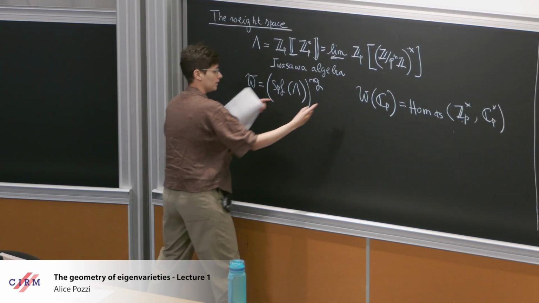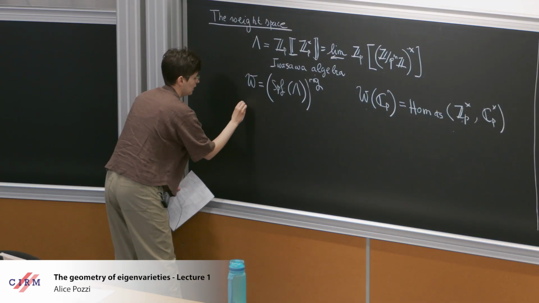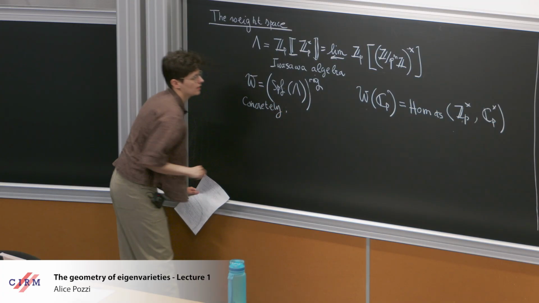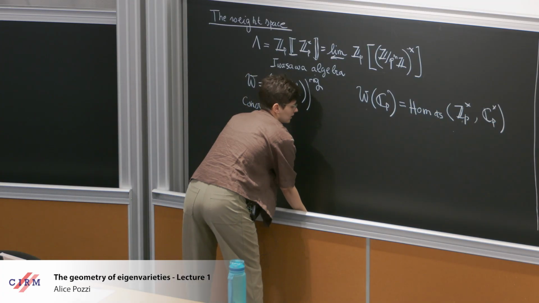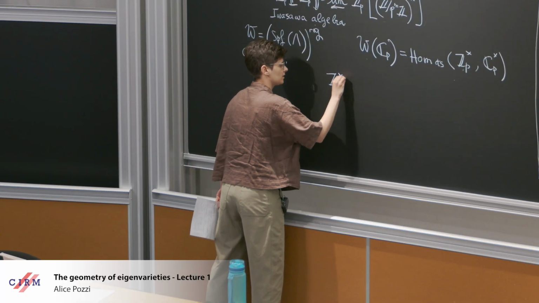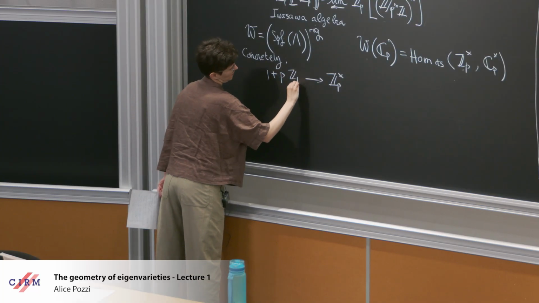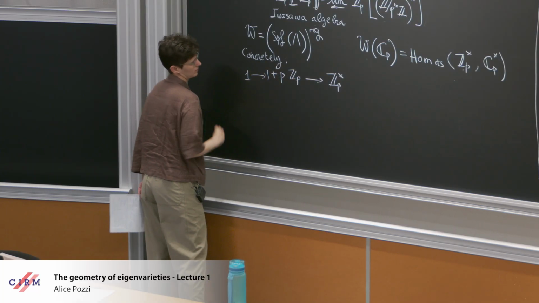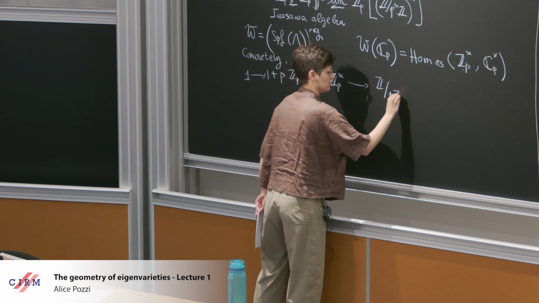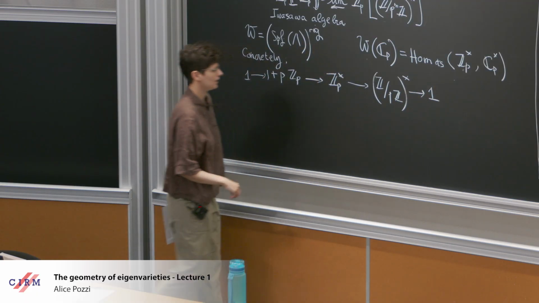So how do we view this concretely? Well, if I look at Zp star, it's not too complicated a group, so I can consider the principal units inside it and write an exact sequence like this.